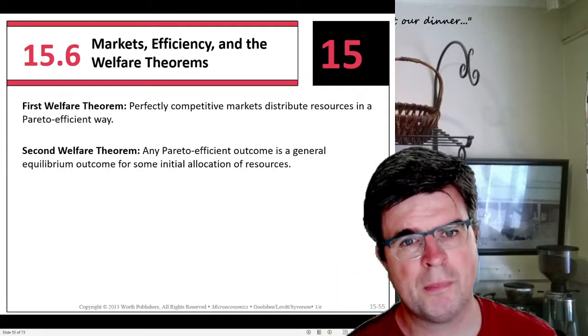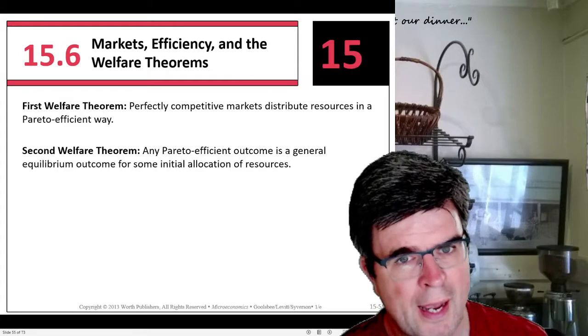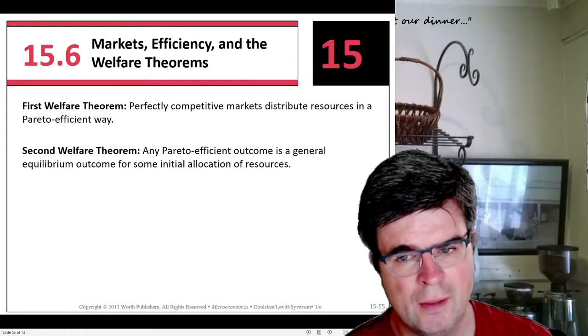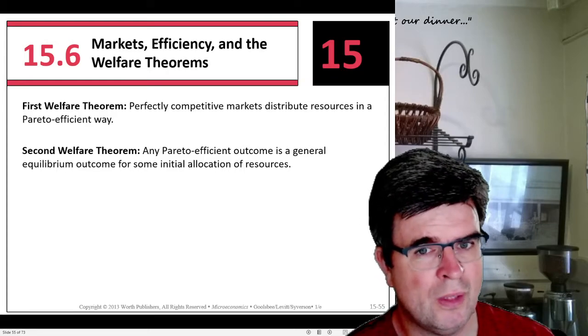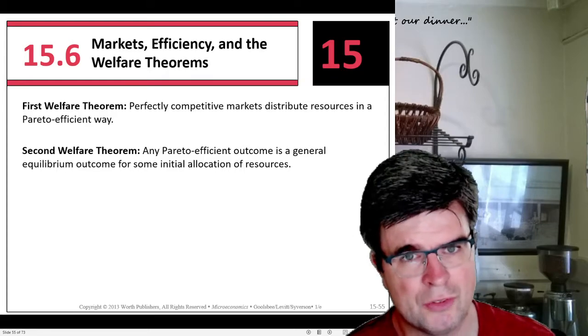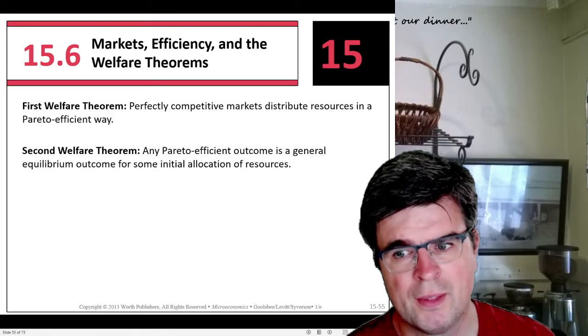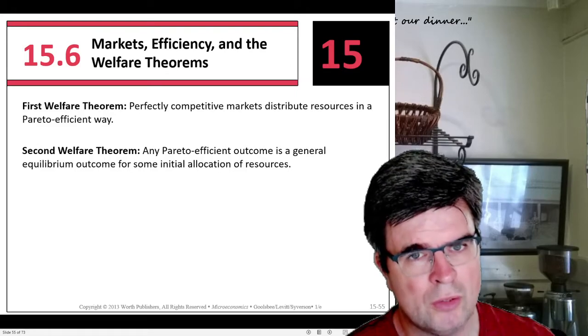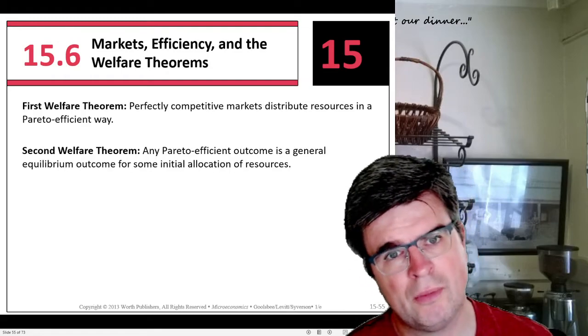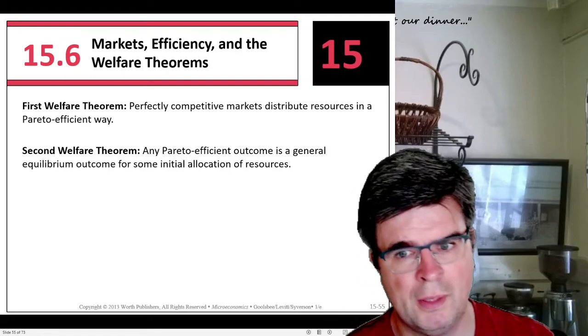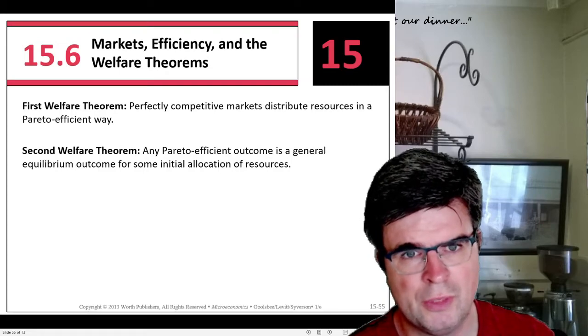What the second theorem says is that any point that you can select can be reached if you just allocate the initial resources in a certain way. So any dot on the contract curve, any Pareto efficient outcome, is a general equilibrium outcome for some initial allocation of resources.